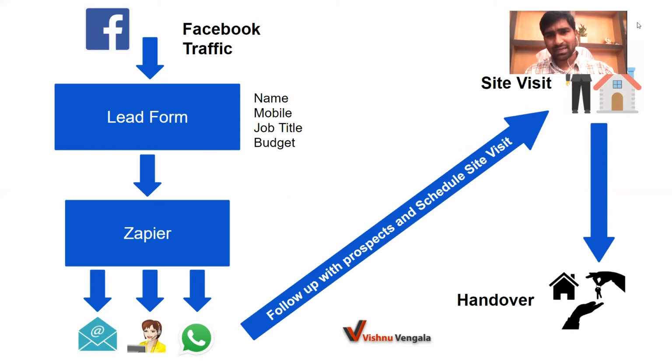A lead form is nothing but the power Facebook has given to all us marketers in the form of lead forms. It's a form where you can collect your prospect's name, mobile number, and you can also collect their job titles, and you can also ask a few questions related to budget.